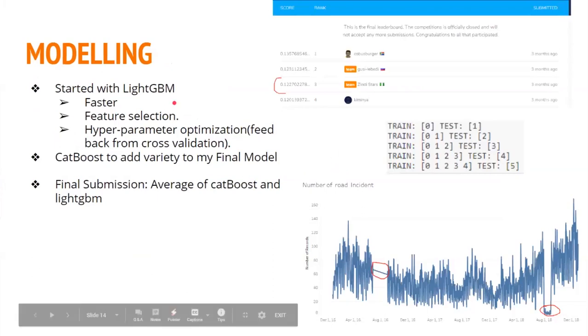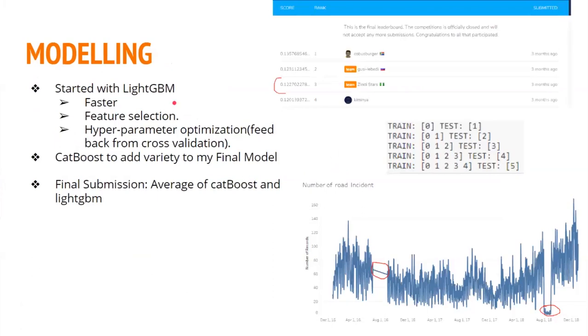So we started with LightGBM. Our data set is a forecasting problem, and it's a classification problem. There was an article I read, not on Kaggle, it was an article someone wrote, a paper on Kaggle.